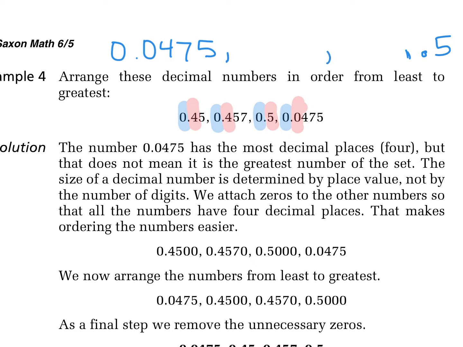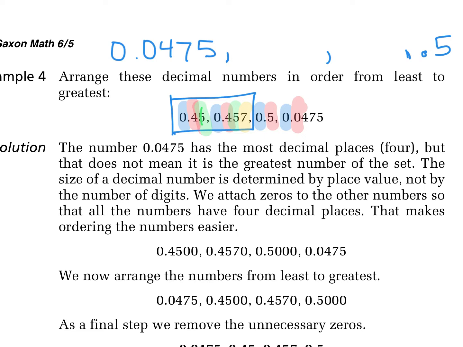I'm just needing to figure out these two in the middle now. So the next number I'm going to look at is the hundredths place. Oops, I meant to highlight it. Okay, hundredths place. Both the hundredths places are the same, so right now they're still even, and then I'm going to look at the thousandths place.